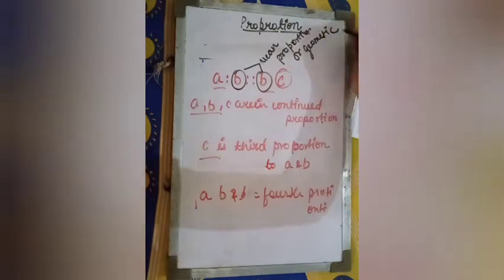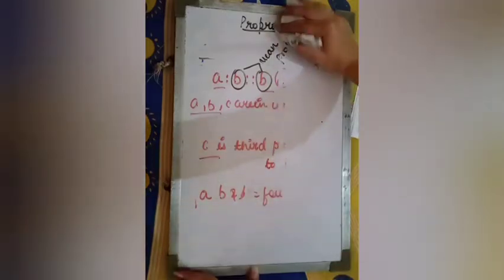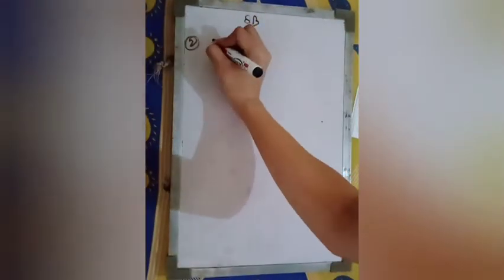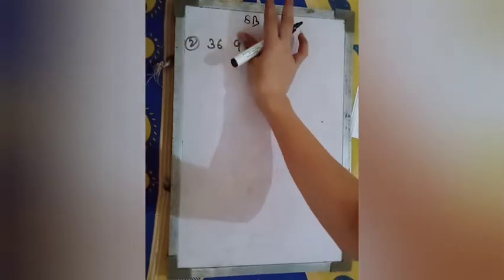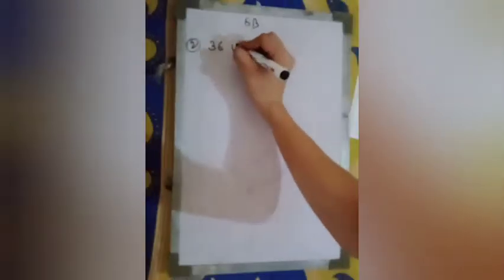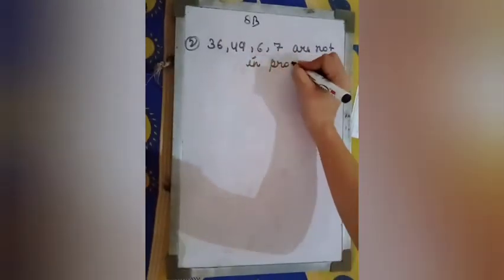Now let's see the questions. First open exercise 8B, question number 2. We have to show 36 is to 49, 6 and 7 are not in proportion. How will we know whether they are in proportion or not? I told you a formula.